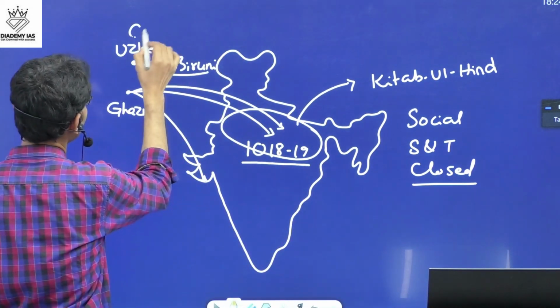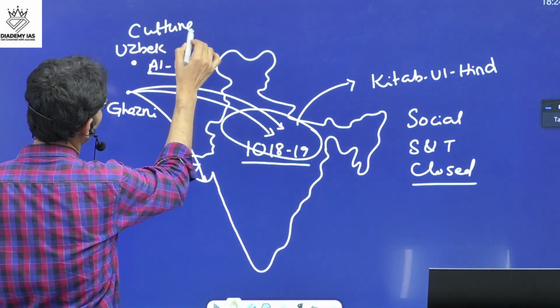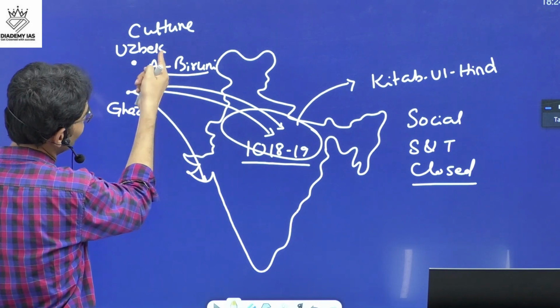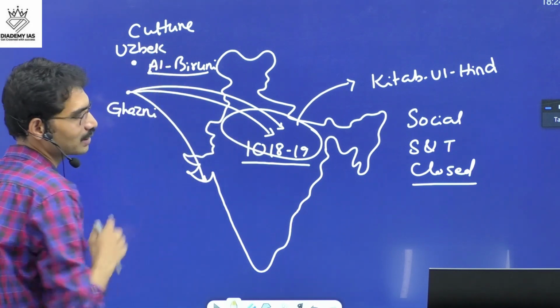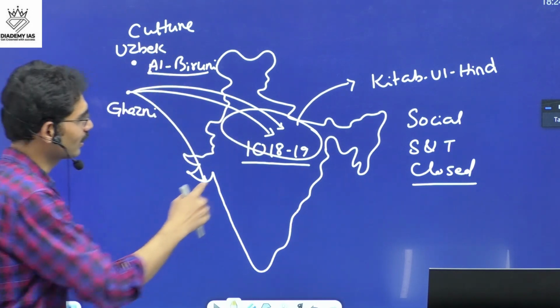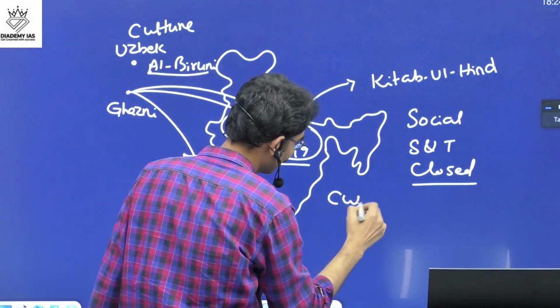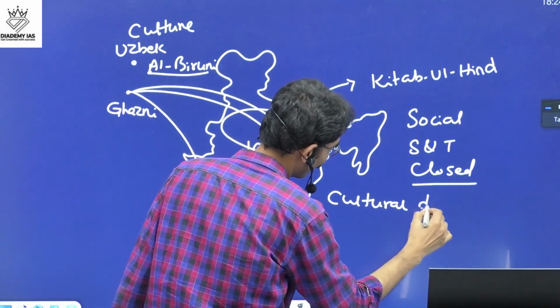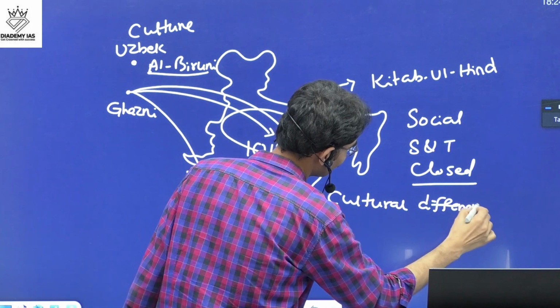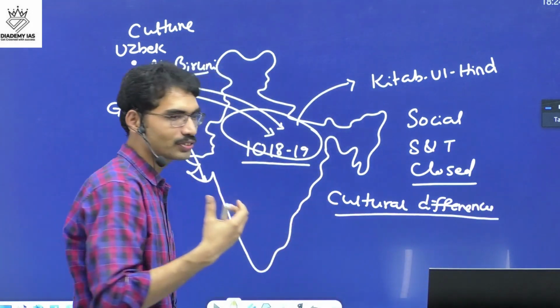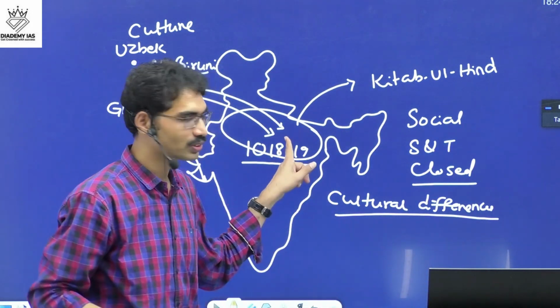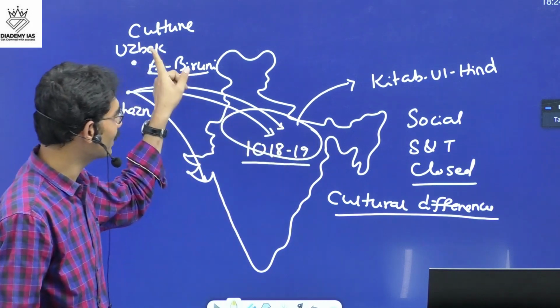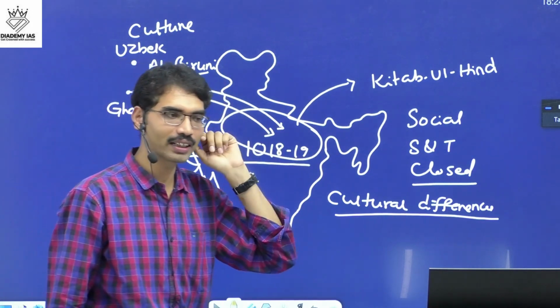And when it comes to this culture, he will try to see Indian culture also through the prism of Central Asian culture. That is why cultural differences will come. As a result, what happens? Mostly he was focusing on the limitations of Indian society rather than similarities between Central Asian and Indian.